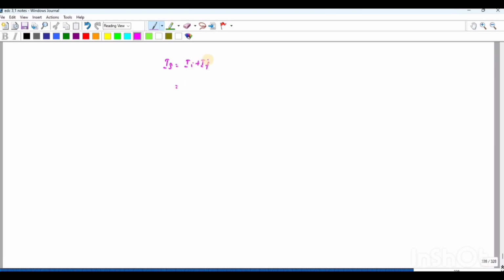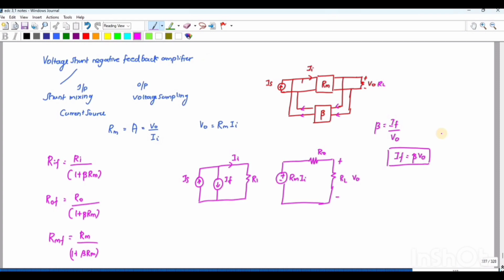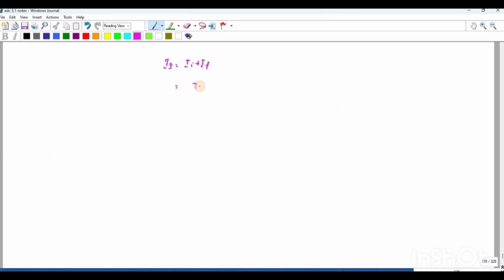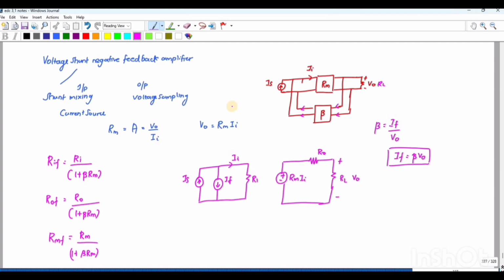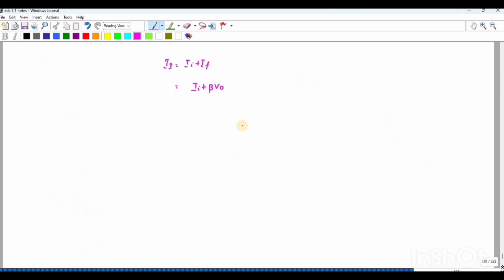We know that If is equal to beta into V naught. Substituting, Ia plus beta into V naught. What is V naught? V naught is nothing but Rm into Ia. Substituting Rm into Ia instead of V naught and taking Ia common, beta into Rm. So this is your Is.